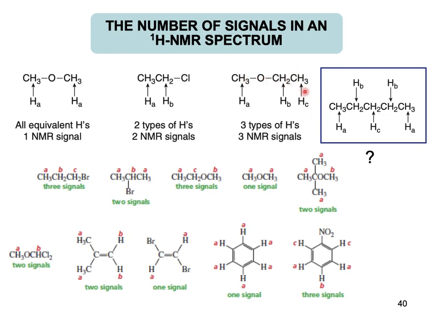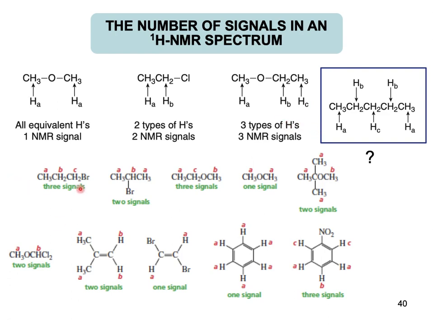So this CH3 has a different signal compared to that one, because it is directly attached to oxygen. This CH2 is attached to oxygen, and it is not CH3. So this is the second type of proton, and this one is the third type. Three different types of protons, so in NMR it has three different signals.